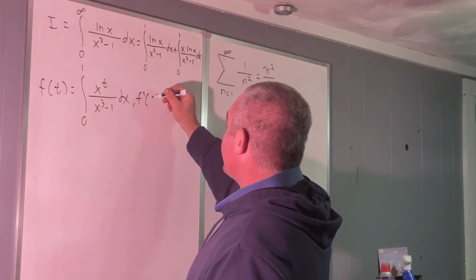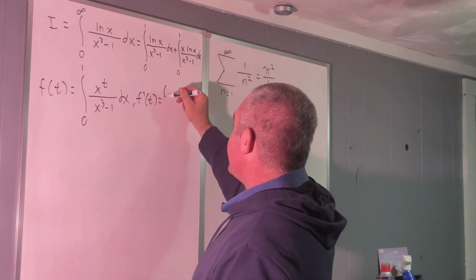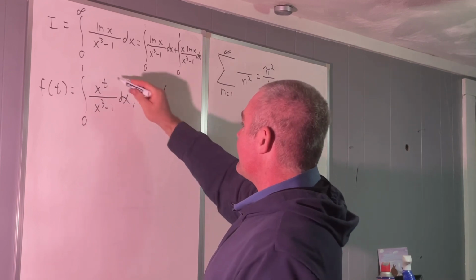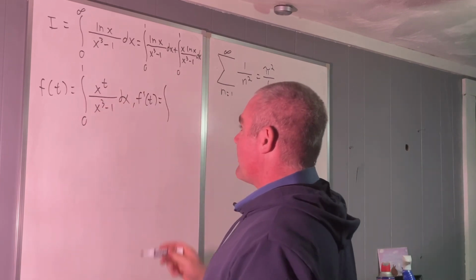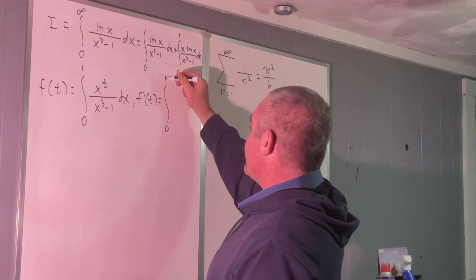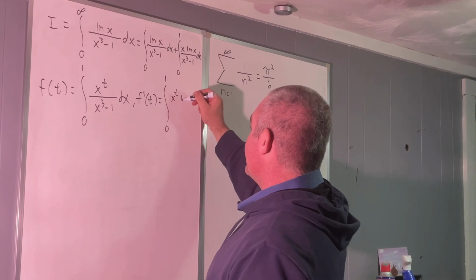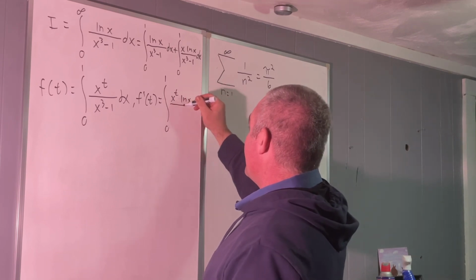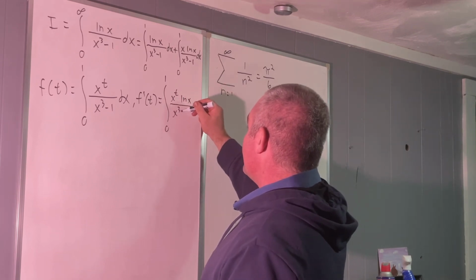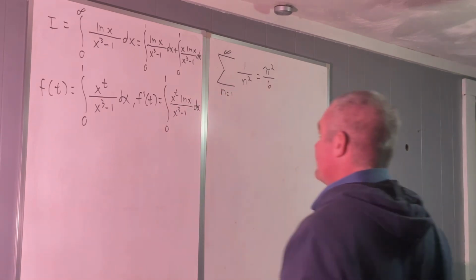Using the Leibniz rule for differentiation under the integral sign, we can obtain f prime of t by taking a derivative with respect to t, the partial with respect to t of the integrand. So that's going to be equal to the integral from 0 to 1 of x to the t natural log x over x cubed minus 1 dx. All right.